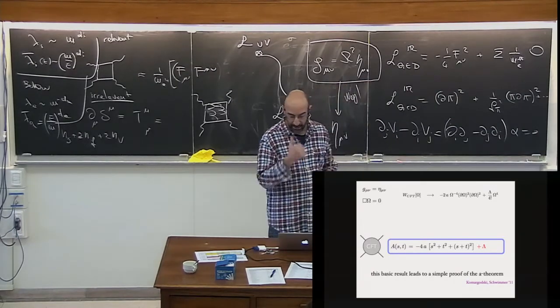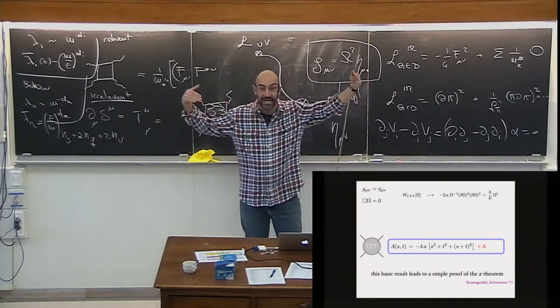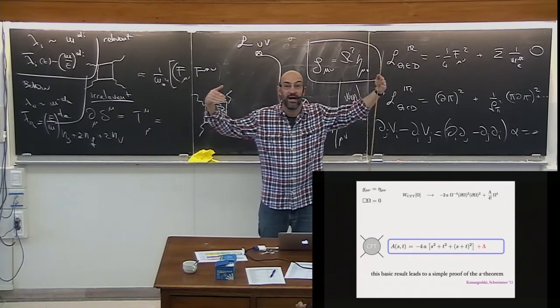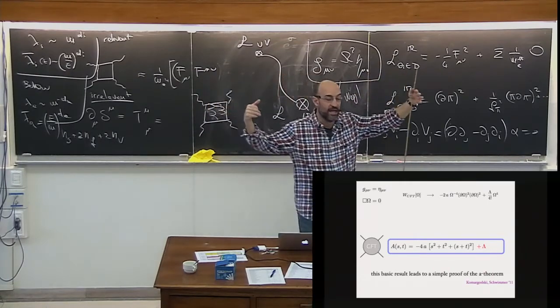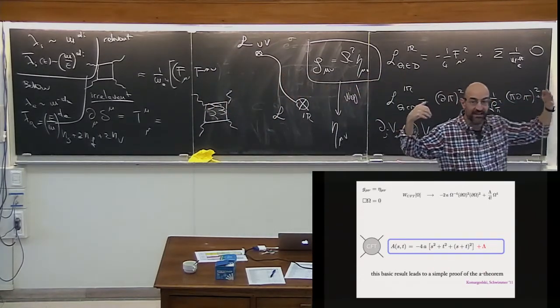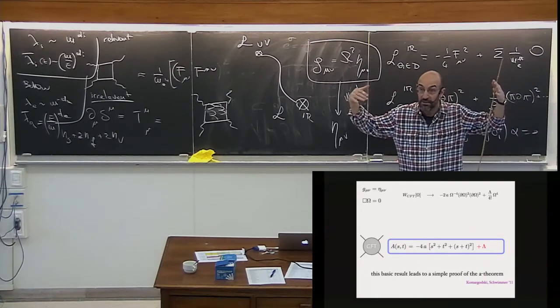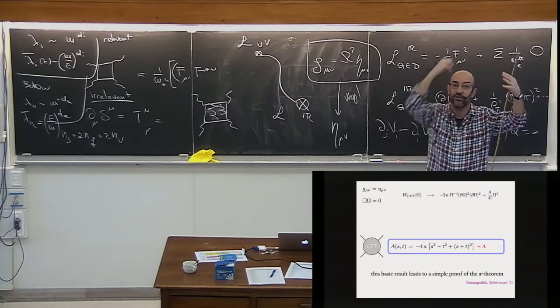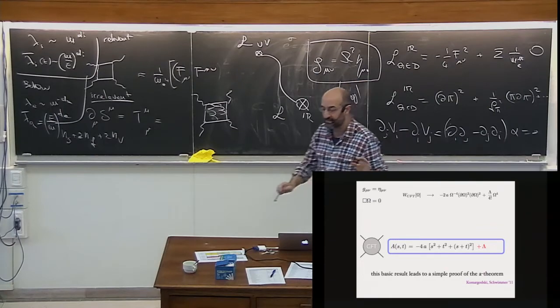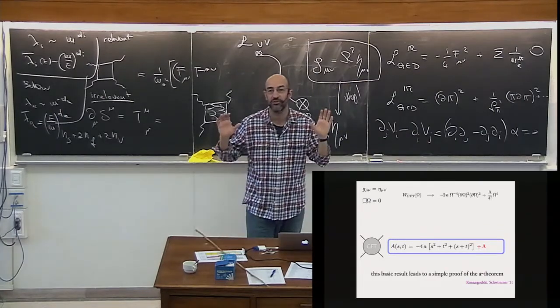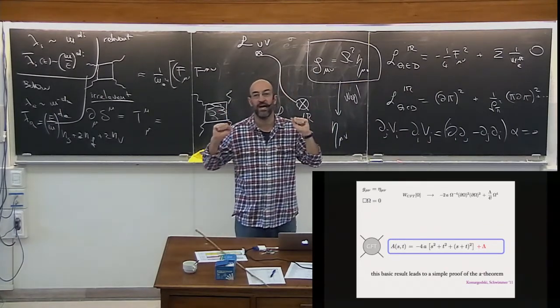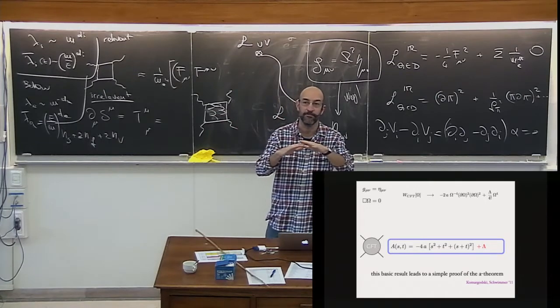Now, these two results are different, but they are in the same theory. They are the IR image of something else. What I'm going to do now is very much the same as when you have light traveling in a medium.